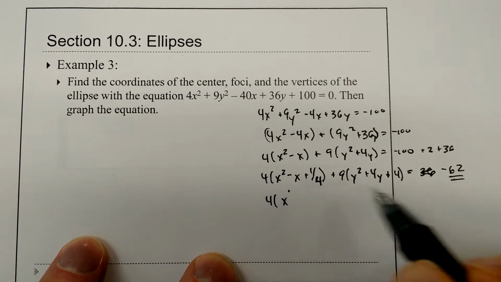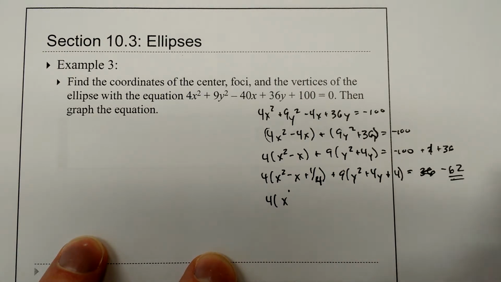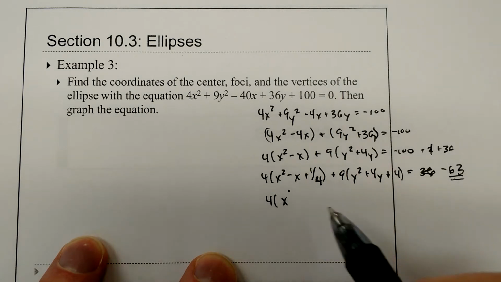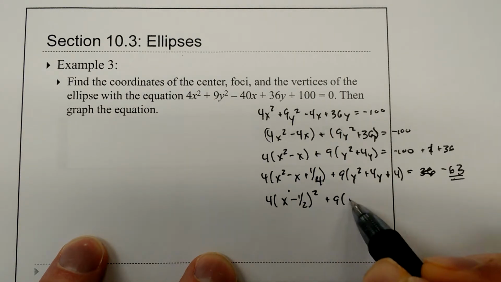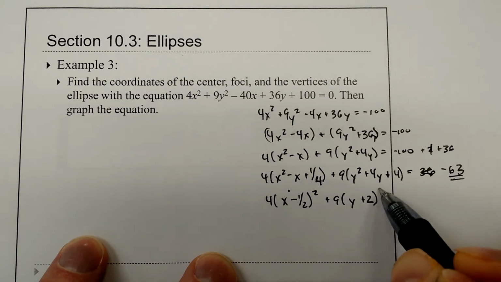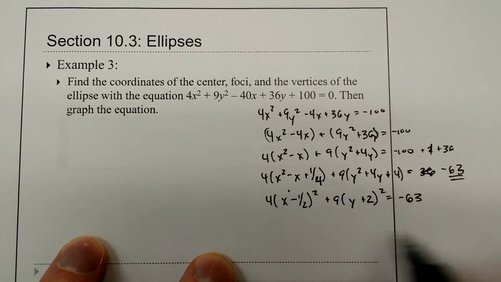That should be 1/4. So this should be a 1, which makes this a 63. You'd factor like you normally would, and then you would divide both sides by this number and set up a fraction, but that can't be done. It won't work out because that's a negative number.